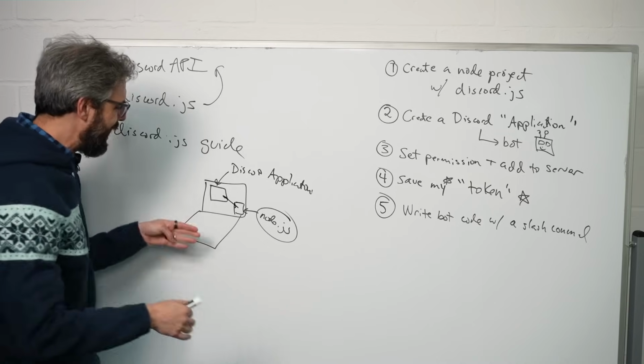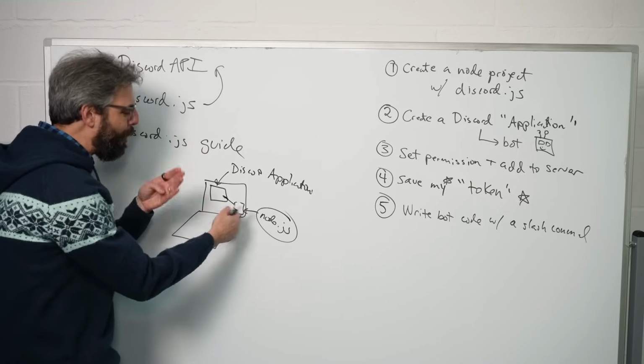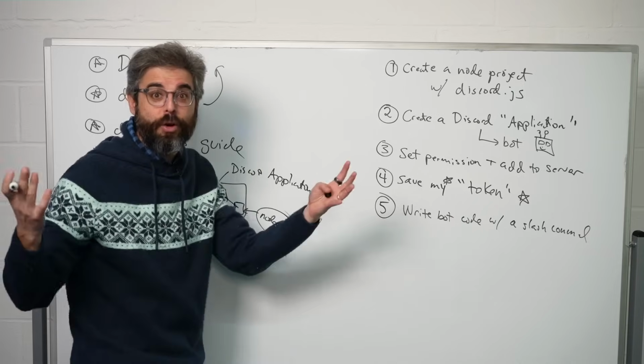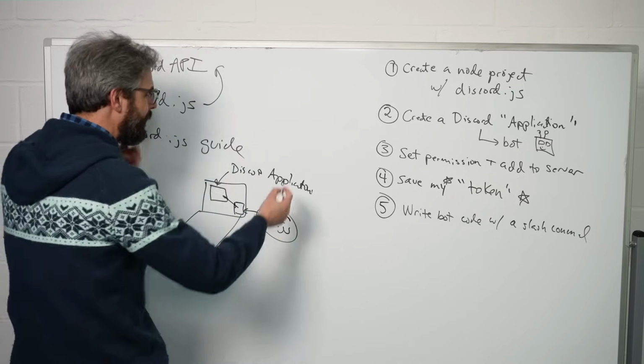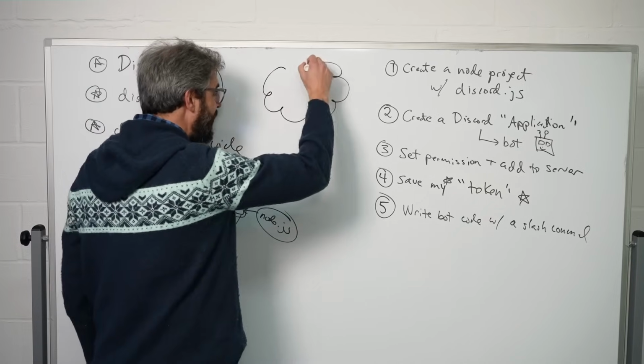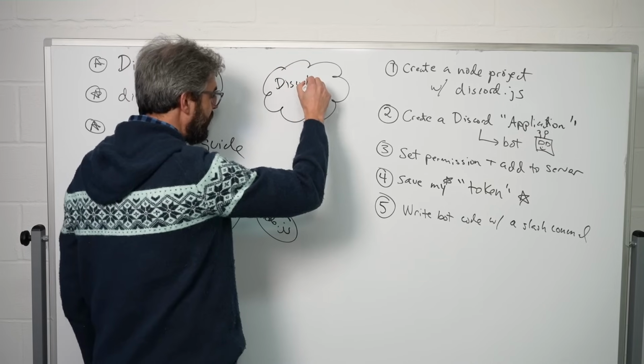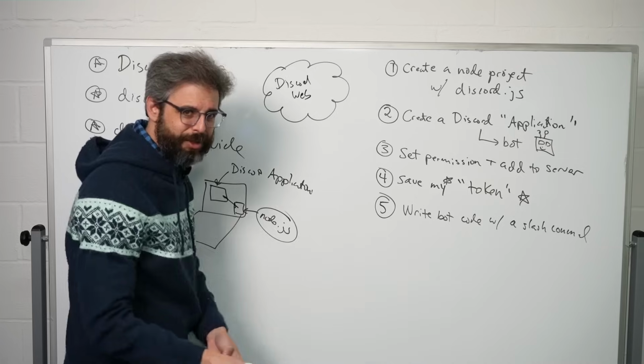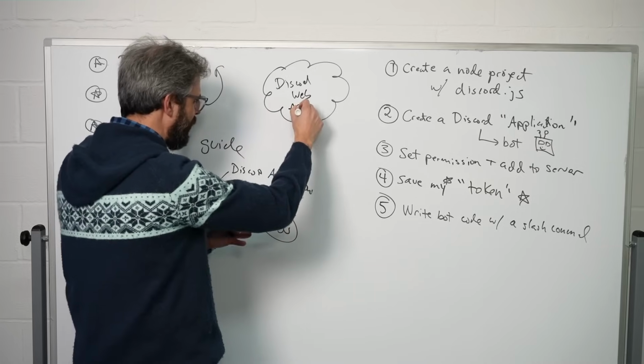But the whole point is that your bot isn't running on your laptop. Your bot, you probably want to deploy somewhere else, to a server that's always on. And ultimately, the Discord API, the Discord web service, is hosted on a server somewhere in a closet or an underground bunker, but sure, we could call it the cloud.